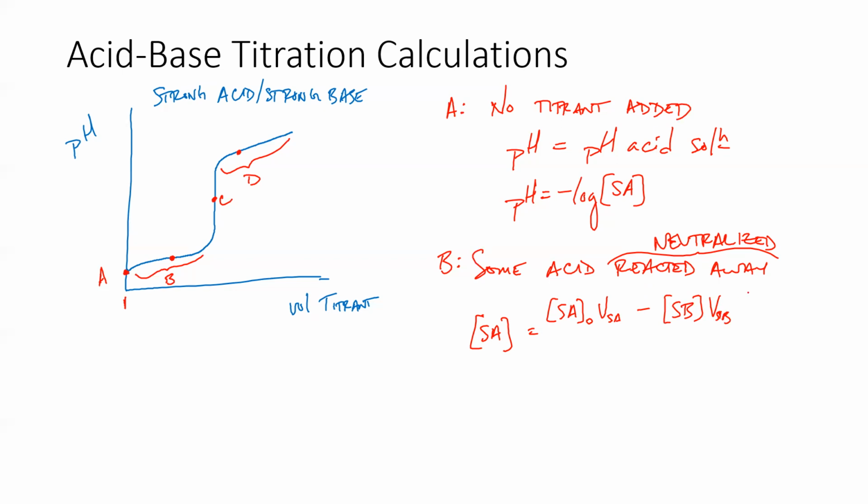Now, remember, it's concentration times volume, so that we're subtracting moles. But then we have to get a concentration back out, and so we divide by the volume, which is the volume of the acid plus the volume of the base.